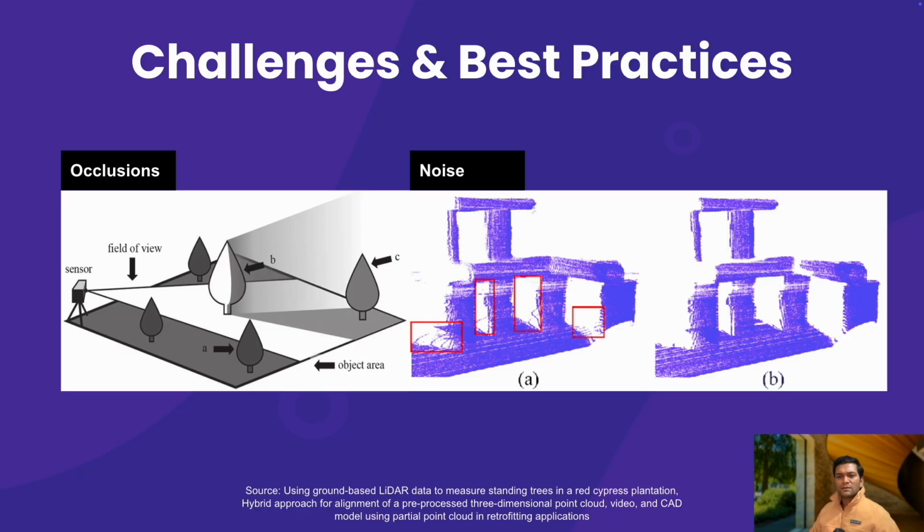Similarly, LiDARs can also have noise in their output data due to certain external or internal factors. Some of the common factors can be environmental interference like fog, rain, or snow, while some other might be due to laser sensor limitation itself.